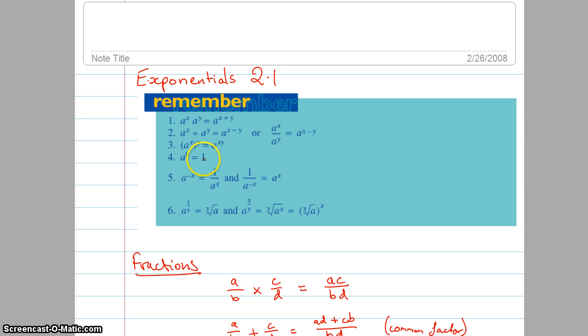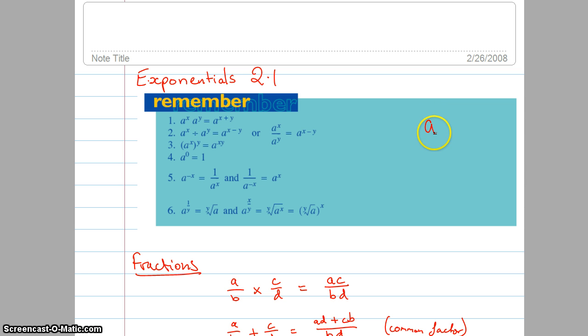Again, I'm going through them fairly quickly. Anything to the power of 0 is always 1. Now, a to the negative x, you can write a negative power positively, or you can rearrange them to look a lot of different ways. So a to the power of negative x is the same as 1 over a to the x. The way I kind of remember that is that you can move things up or down as long as you change the sign.